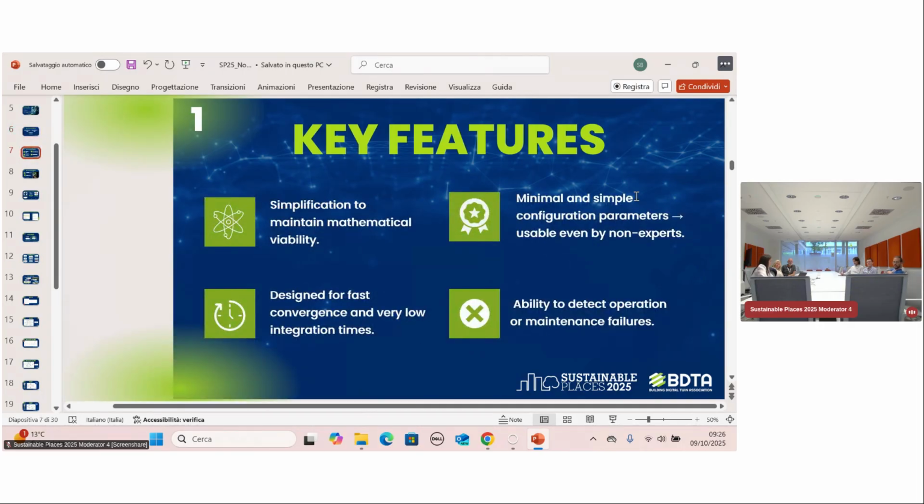Okay, we continue. Technically, what we are talking about is that Symbots are simplified models. They don't aim for physical fidelity, like you are asking about the level of detail. It is not physical fidelity, but stability, mathematical stability. This is what we are looking for, because we are working with samples of between 5 and 15 minutes.